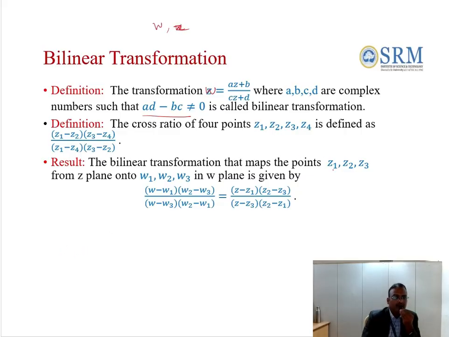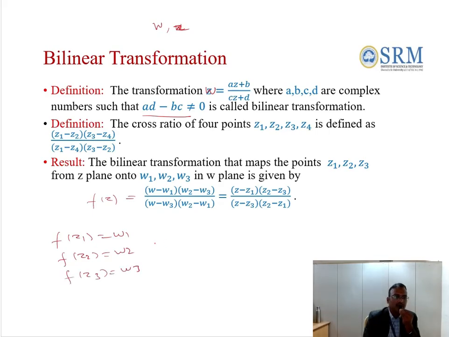Okay, so what it says is that exactly these points, z1 will be mapped to w1, z2 will be mapped to w2, z3 will be mapped to w3. That means if this is my function f of z, then f of z1 equals w1, f of z2 equals w2, and f of z3 equals w3.